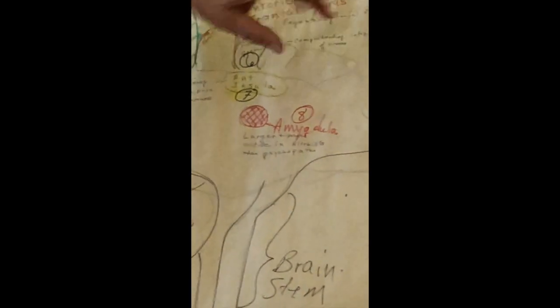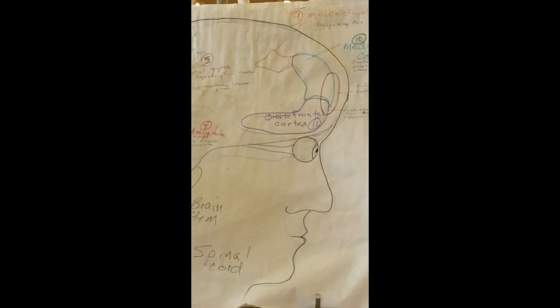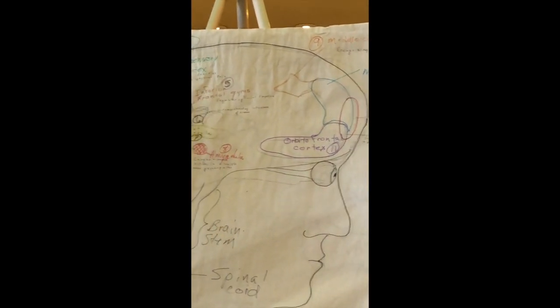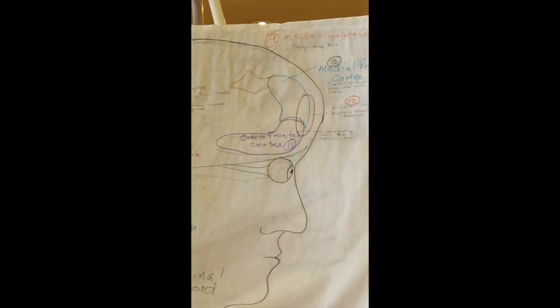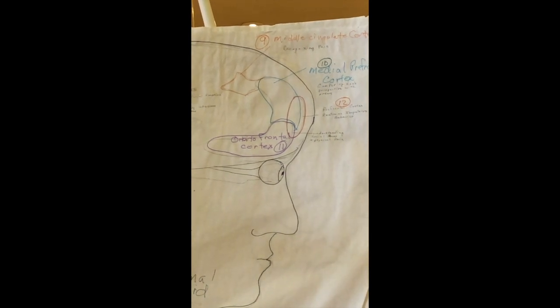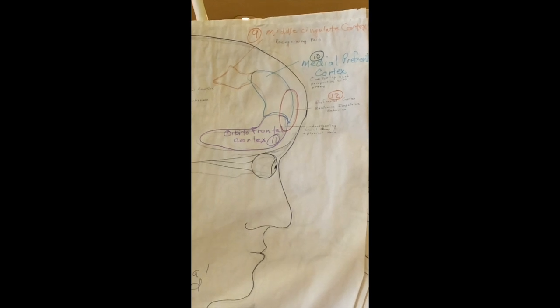The middle cingulate cortex, and that's up there. It recognizes pain. The medial prefrontal cortex, blue, it compares one's perspective with others.